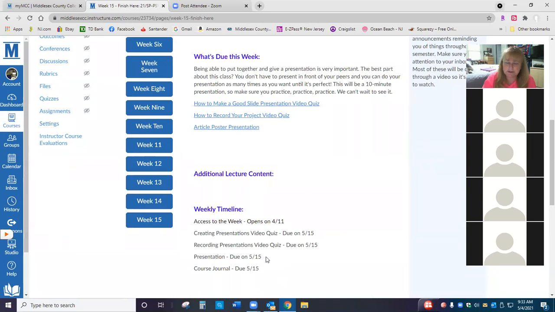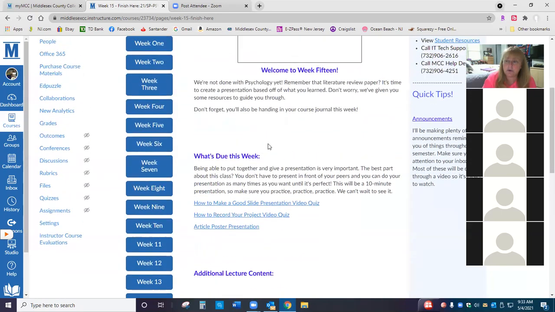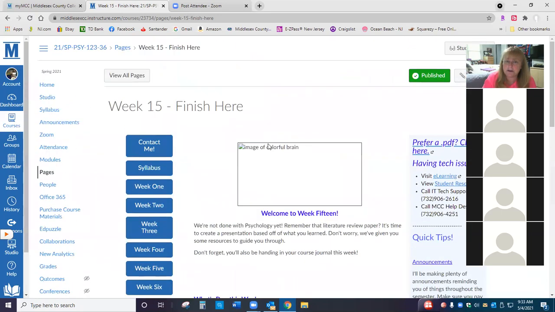It says the 15th. I need to change that to the 11th. I need to take off course journal because that's already done. I will change this. It's the 11th. Any questions on the presentation?